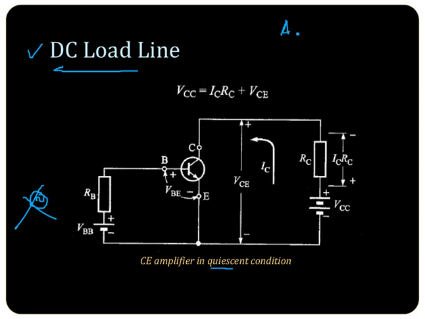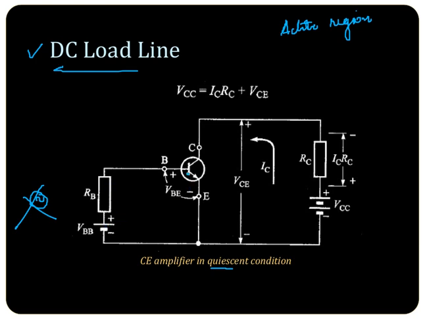That is very important. The active region of operation is ensured by this arrangement, so that when you apply a signal at its input, it will be effectively amplified by this circuit. Now here you can see this is in quiescent condition. VBB is the applied voltage. RB is the resistance in series with VBB.